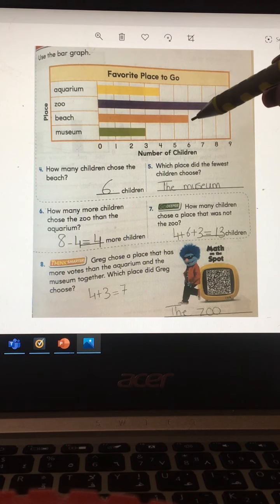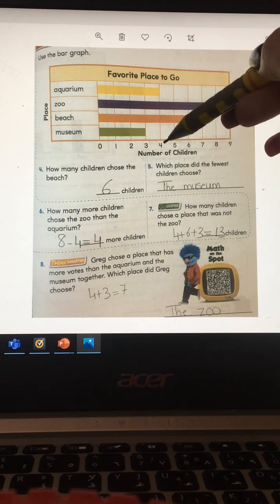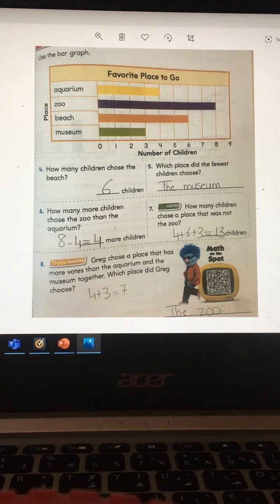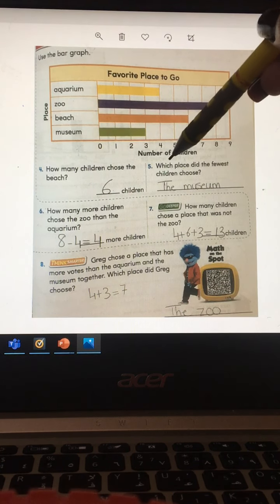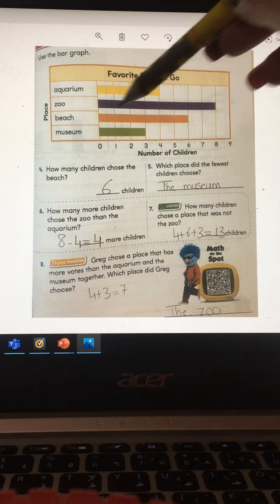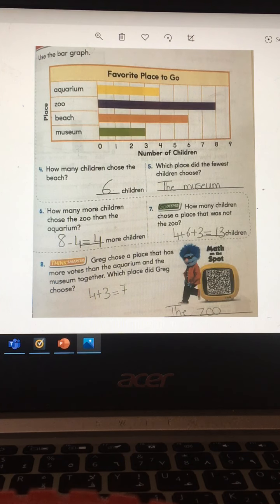The beach, 6 children chose to go to the beach, and the zoo, 8 children, and the aquarium, 4 children chose the aquarium as their favorite place. So the least number is 3. So the fewest children chose the museum. This is question number 5.